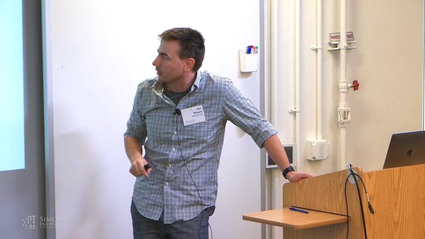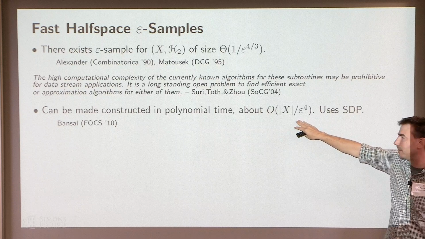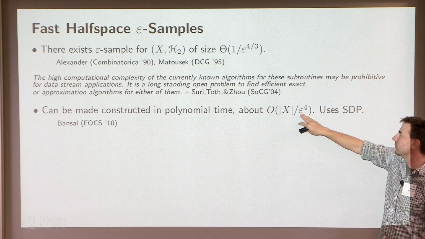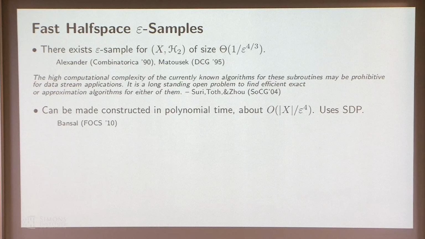I guess Kasper Larsen and maybe some other authors have some papers that maybe don't use an SDP anymore, but they still basically have a runtime of the size of the data times 1 over epsilon to the 4th, which is bigger than what we want. Okay, so they can get these, but the runtime is too big.